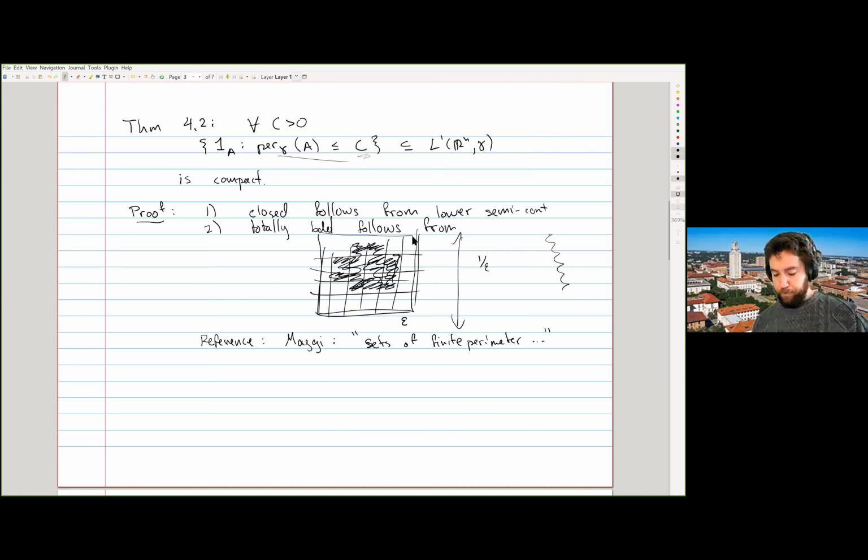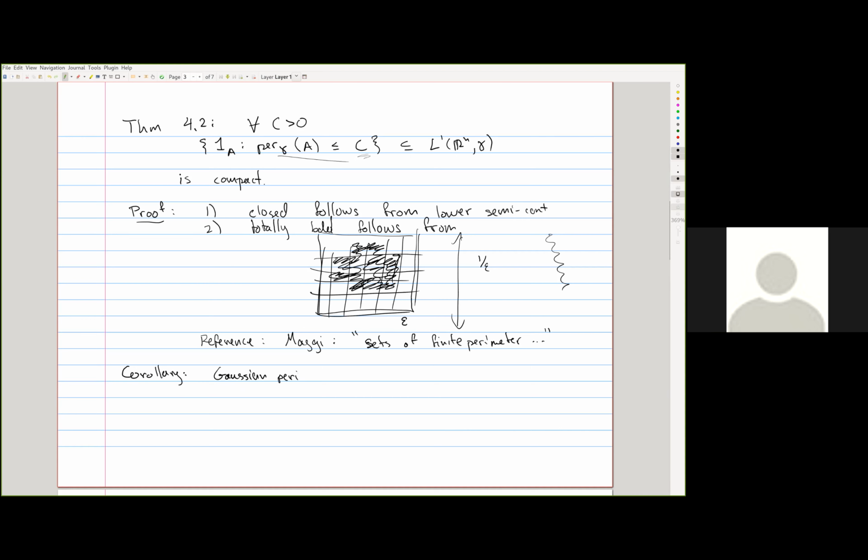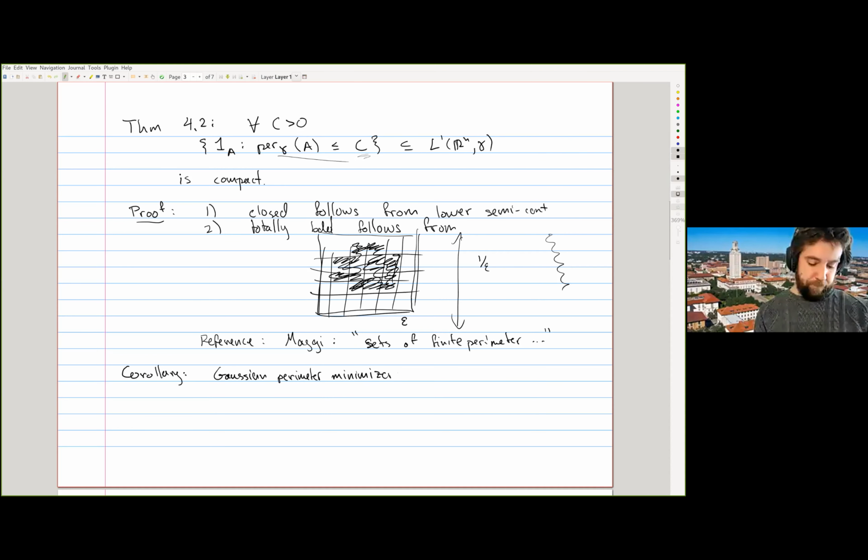Okay. Cool. All right. Now, this tells me that minimizers exist, I claim. So let me write that. Corollary: Gaussian perimeter minimizers exist. What I mean by that is, for every V in the interval 0, 1, there exists a subset of Rn with Gaussian measure V minimizing Gaussian perimeter.